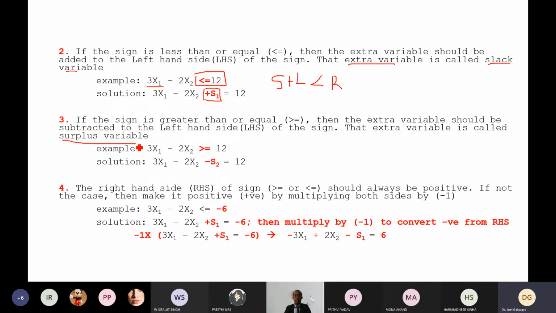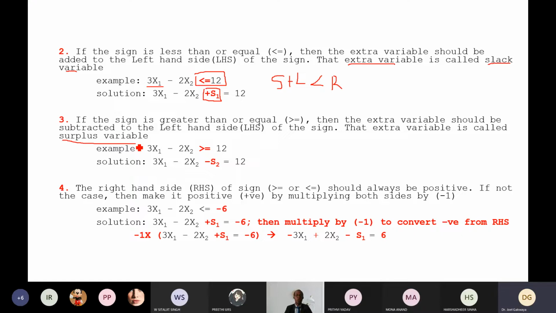Clear? Point number 3 says, when the sign is greater than or equal to, then the extra variable should be subtracted from the left-hand side of the sign.